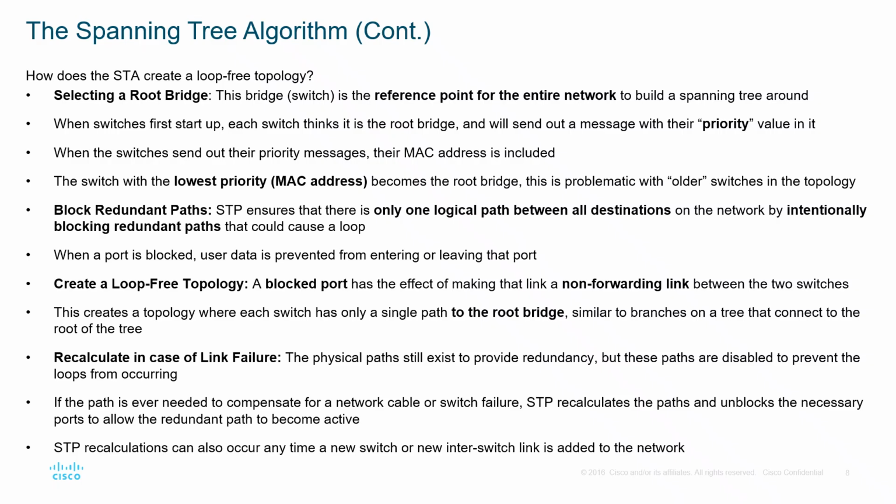So if the path is ever needed to compensate for a network cable or a switch failure, STP would simply recalculate the path and unblock the necessary ports to again allow the redundant path to become active. The calculations can occur anytime a new switch or new switch link is added to your network.